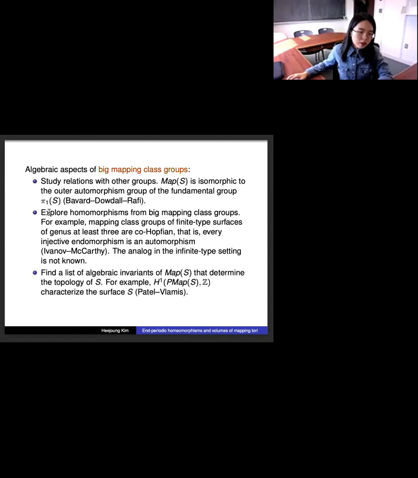Another direction is to explore homomorphisms from big mapping class groups. For example, mapping class groups of finite type surfaces of genus at least 3 are cohopfian, that is, every injective endomorphism is an automorphism, but the analog in the infinite type setting is not known, so it might be interesting.